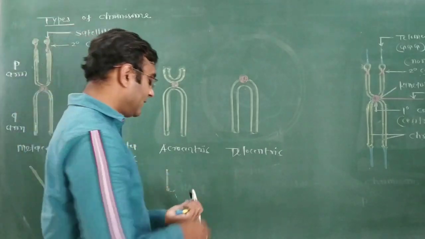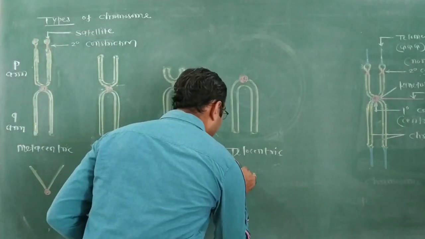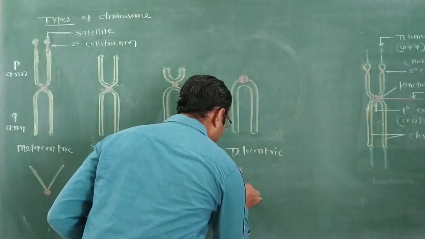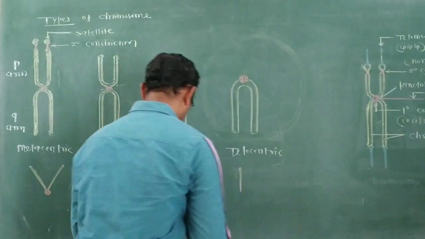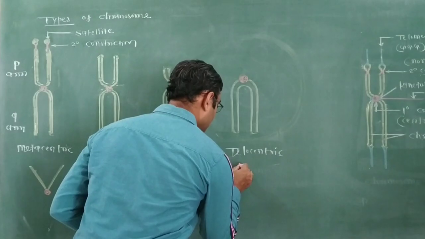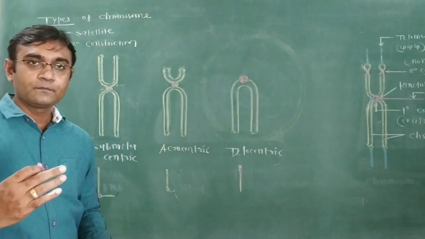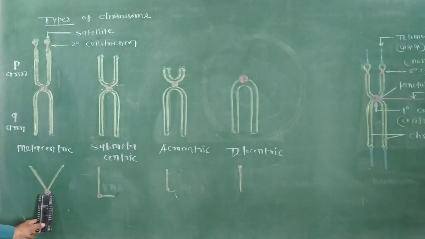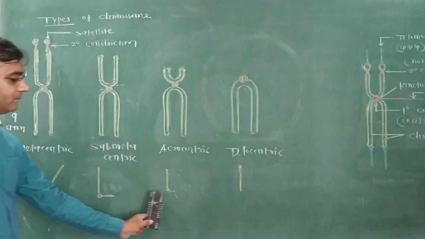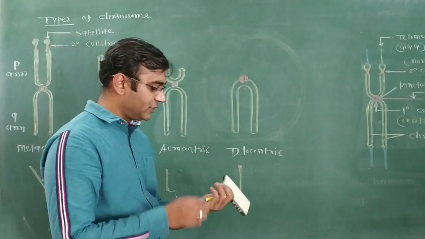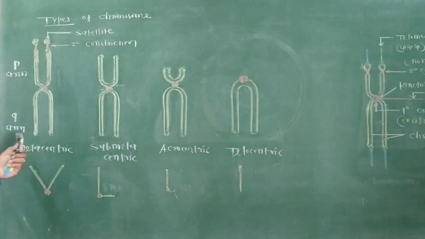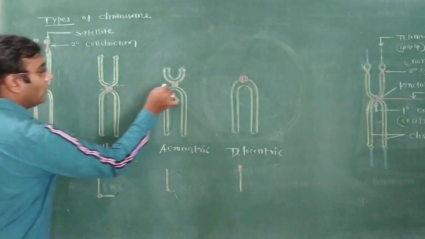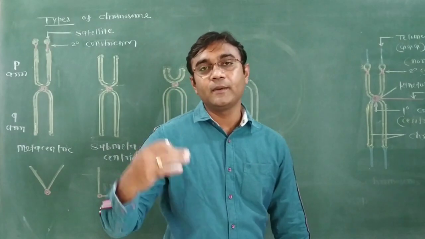And telocentric appears I shaped. At the time of cell division, if you see these chromosomes, they are V shape, L shape, J shape and I shape structures. So now we have completely differentiated the 4 types of chromosome according to the position of the centromere.